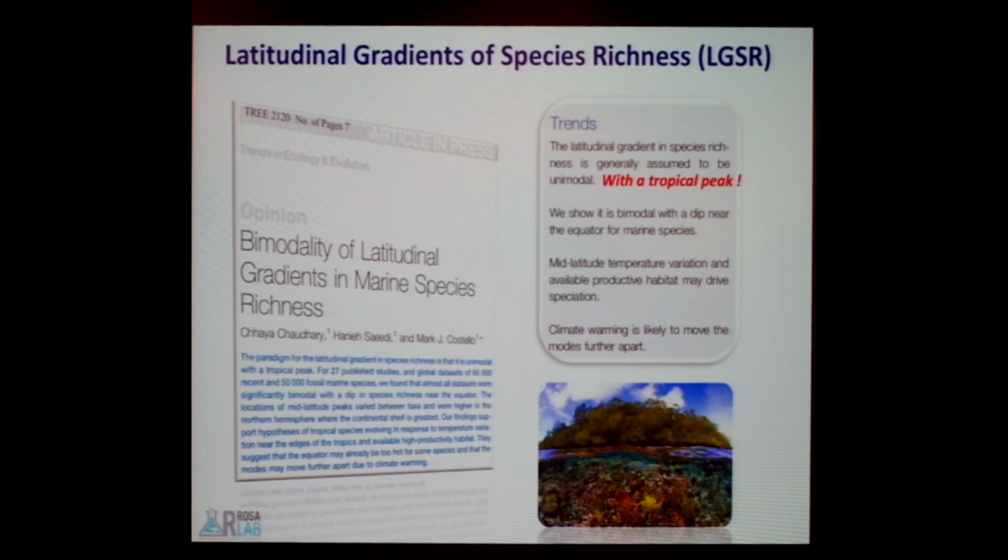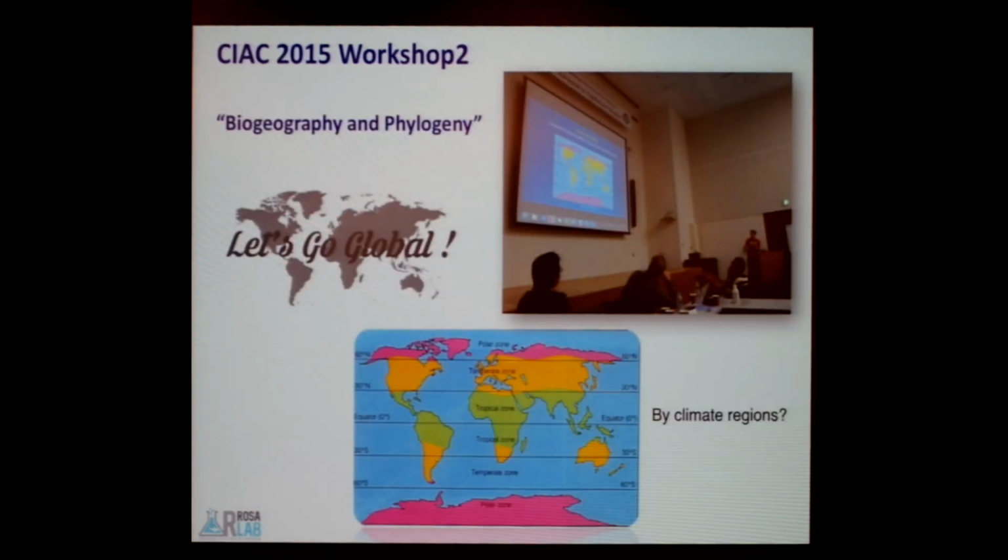These authors said that latitudinal gradients in species richness are generally assumed to be unimodal with a tropical peak. We show that it is bimodal with a dip near the equator for marine species. So this was what I got in the Atlantic. I really enjoyed reading this paper. And now let's see how it goes globally.